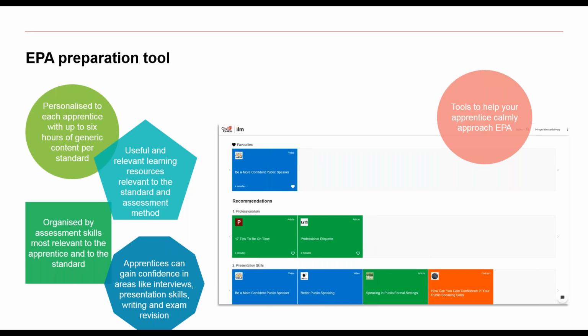So there's lots and lots of online content which they'd be able to access in order to help them prepare. So for example, preparing themselves for a test, they would be able to look at content, work out what their best preparation would be, and then move on perhaps to how they would present themselves at a professional discussion.